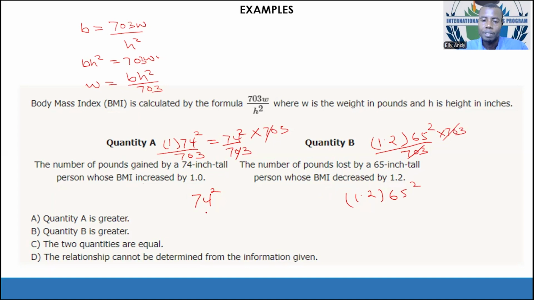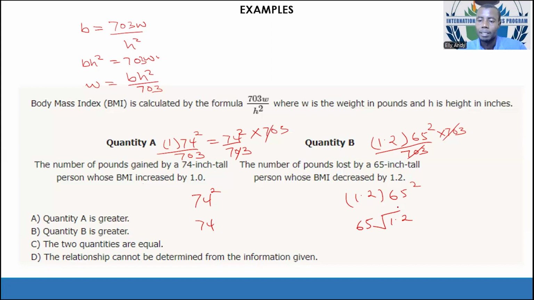So the square root of 74 squared will be 74. And for quantity B, we have the square root of 65 squared as 65, and this one will be root 1.2. So from here, we are comparing 74 with 65 root 1.2.